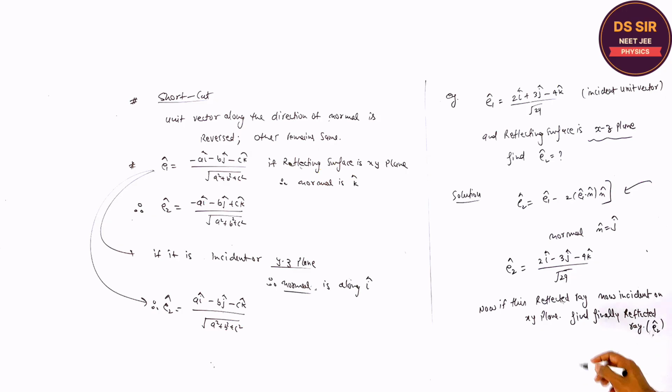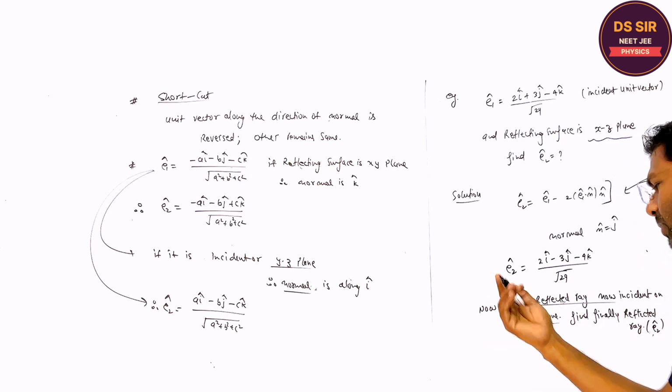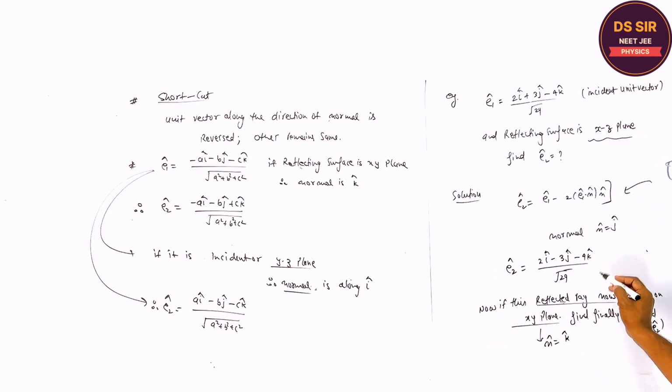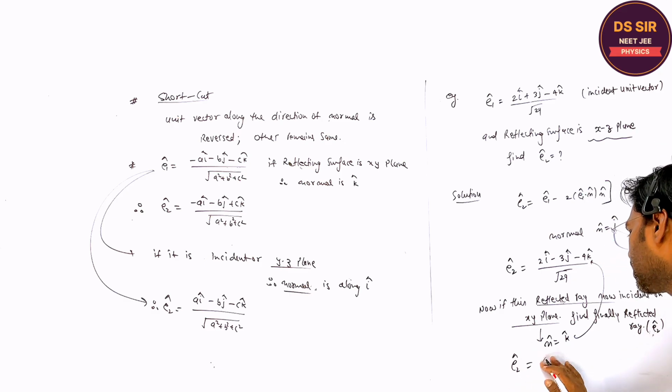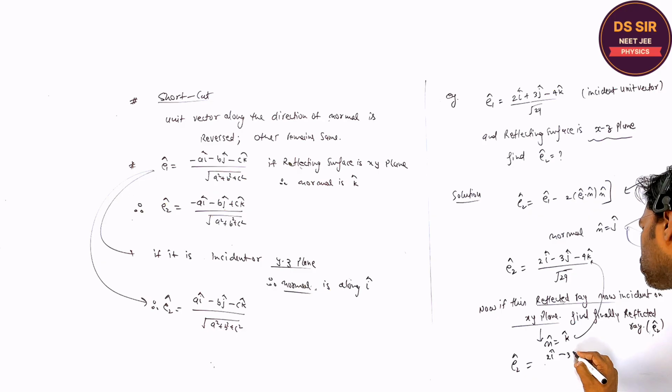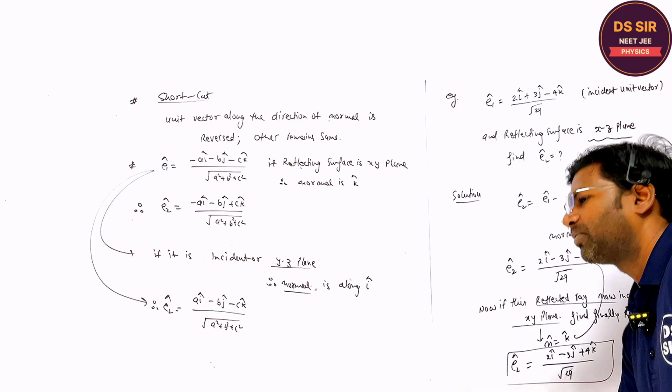So what will you do? If it is incident on the xy plane, what is the normal vector in this case? Normal vector is k cap. So what you have to do is reverse the sign of the k cap, and you will get the reflecting vector. Therefore, finally E2 vector is 2i minus 3j, just reverse this component, plus 4k, upon root 29. So this is the shortcut to solve this type of question.